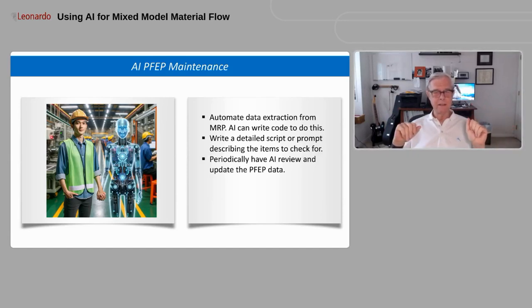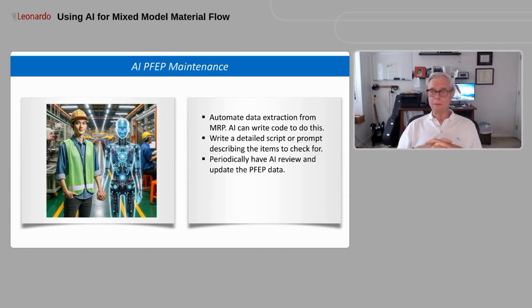Okay, next thing, the data validation or calculation. Typically most MRP systems do not have a Kanban module. Maybe some do, I don't know, but the ones I've seen don't. So you're calculating the Kanban bins, number of bins, and Kanban target inventory in the Plan for Every Part, in PFEP.